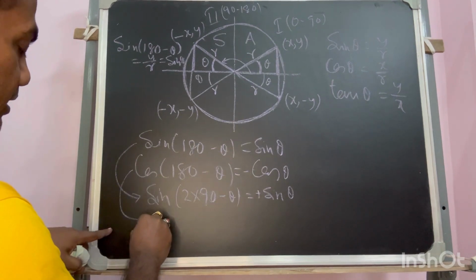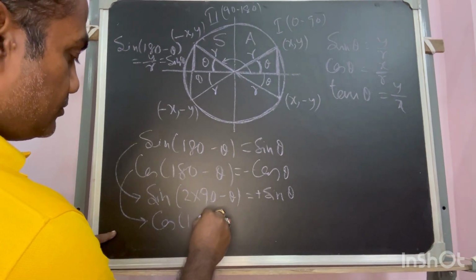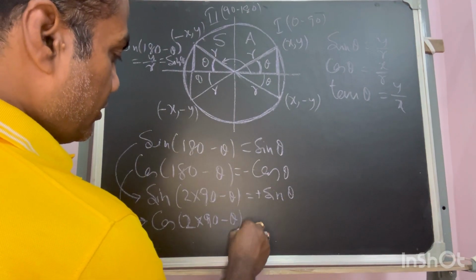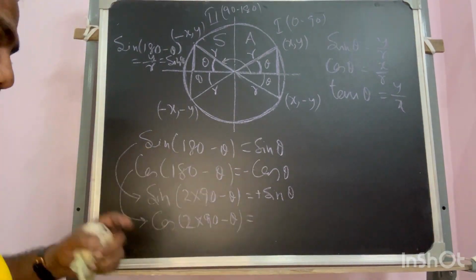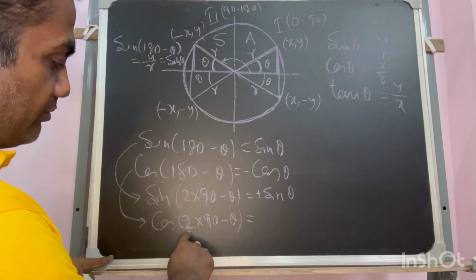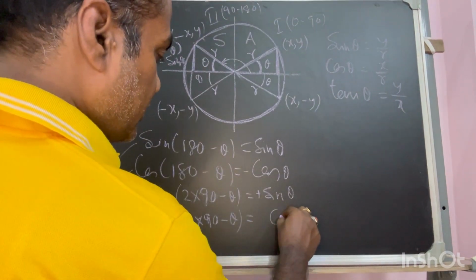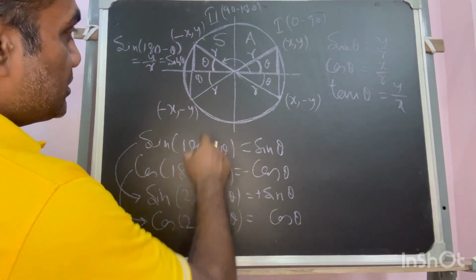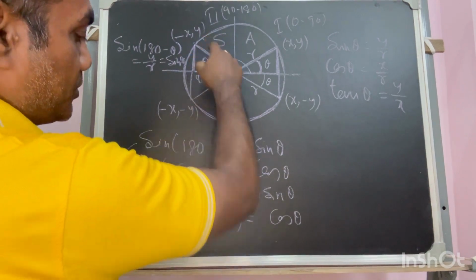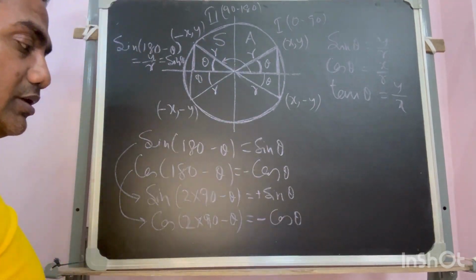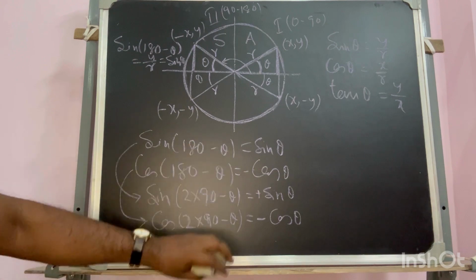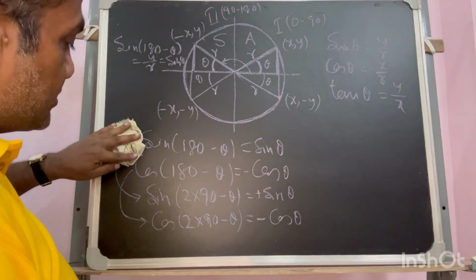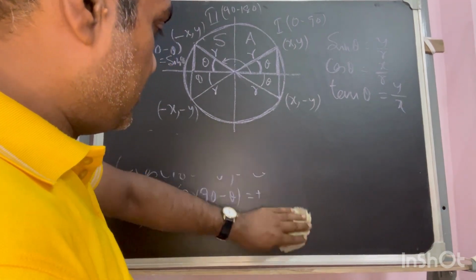Whereas if I take cos, practically we have seen it is changing sign. So we establish this for further utilization: any even multiple of 90 will keep the ratio as it is, and because in the second coordinate only sine is positive, the other ratios have to be followed by negative. This is the understanding we reached in the discussion last day.